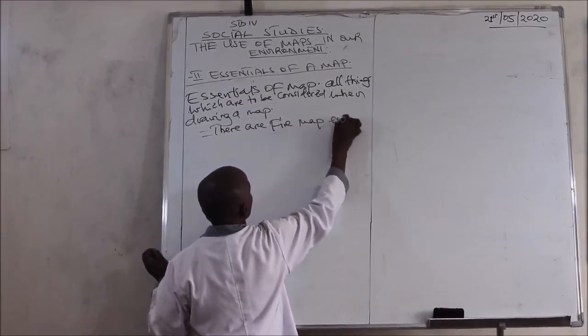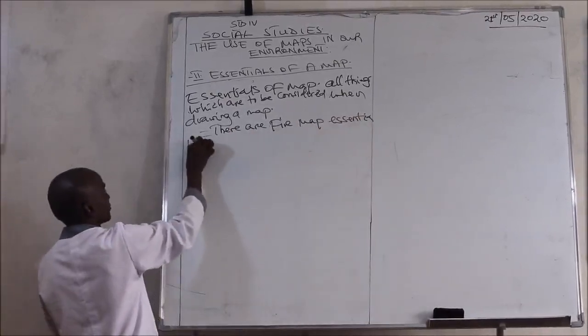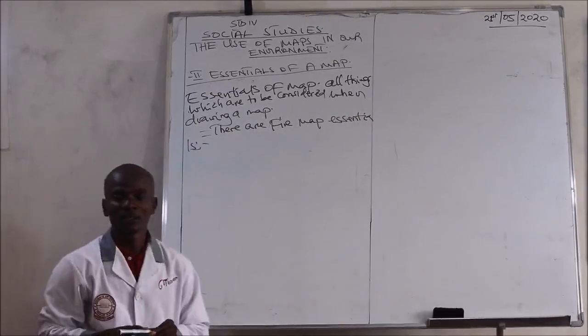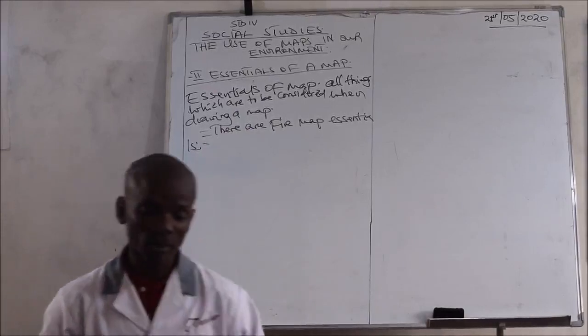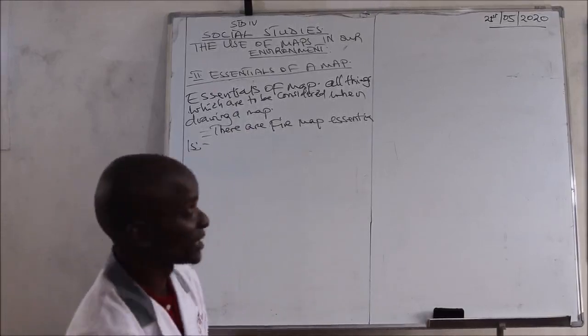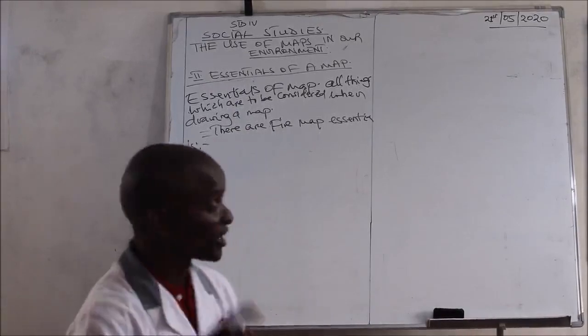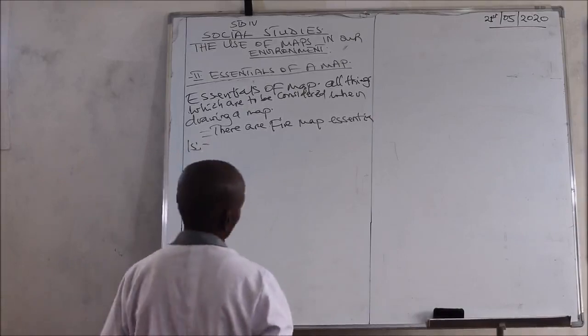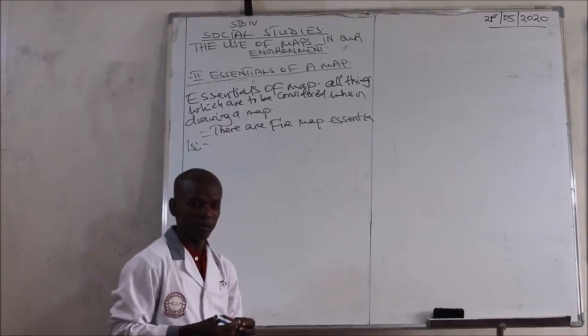These 5 main essentials are the ones that the one who is drawing a map has to take into consideration. If you don't consider them, your map will be incomplete. In order for your map to be complete, you should consider the 5 main essentials.